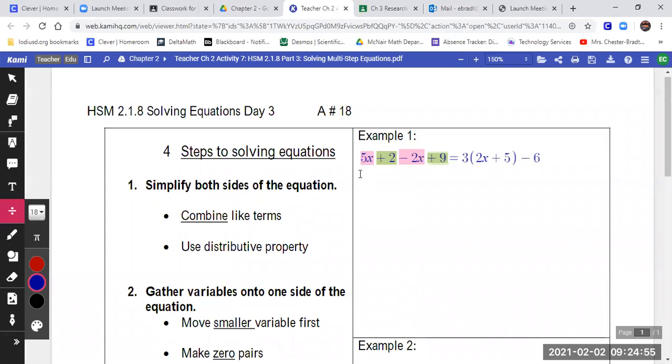What math operation are we supposed to do to make them come together?